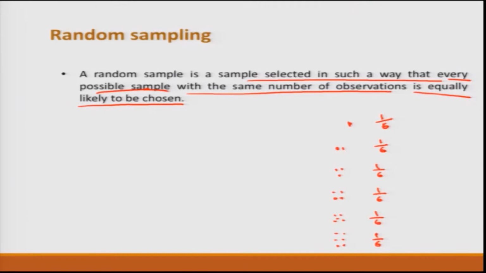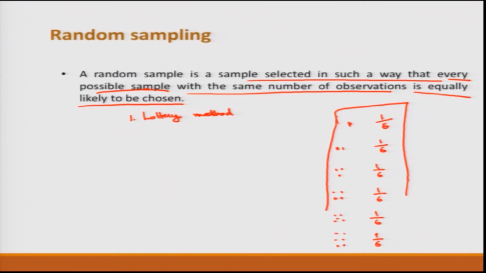What are the characteristics of this sampling? The two basic procedures here: number one is the lottery method. In the lottery method, we pick the number out of a hat or a bag, just like that. Like we just roll a dice. This is a kind of lottery. Any number could come.